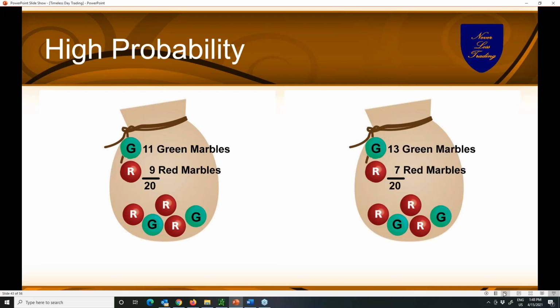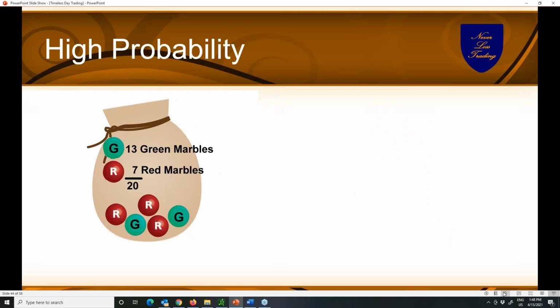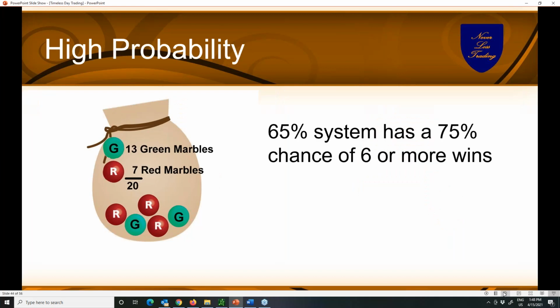But on the other hand, if you have a 65% chance of winning, 13 green marbles that are winning, 7 red ones, and when you compare the two systems, there is a 75% chance to win 6 or more games with the 65% system, and on the other one, you only have a 50% chance to win 6 or more. And that makes a big difference.